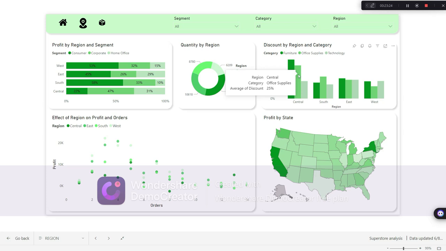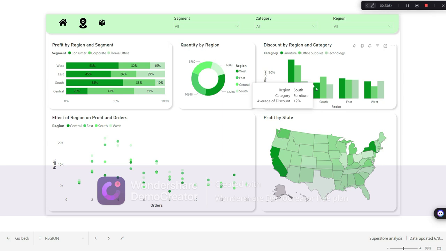The second one, light green, is office supplies, and the lowest light green is technology. For technology in central region, we give average discount of 13%. For office supplies, we give 25% average discount, and for furniture, we give 30%.